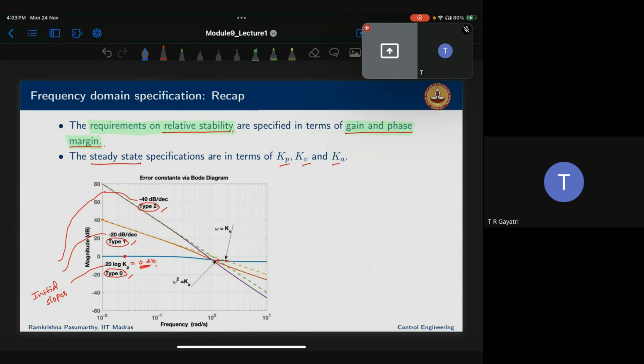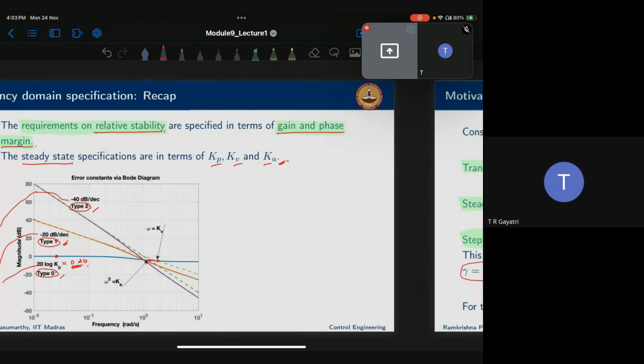Whereas for the type 1 system, this is the Kv. And for the type 2 system, this is Ka. So these steady state specifications you can also use as one of the specifications in the frequency domain.